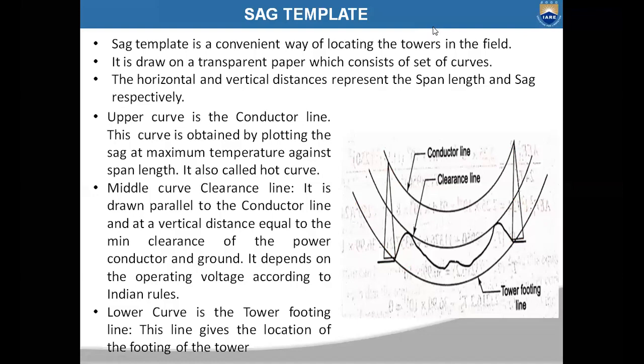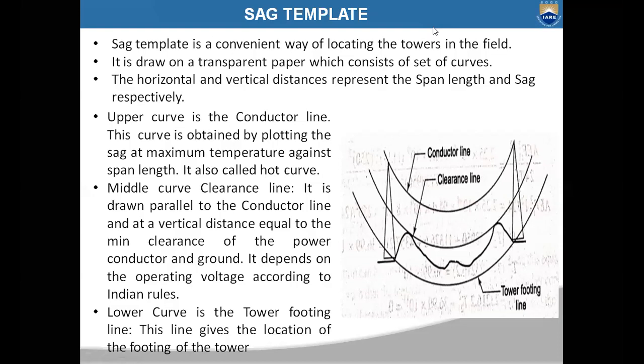First, the conductor line will be drawn against the span length and SAG at the maximum temperature. The clearance line will be exactly parallel to the conductor line, with a vertical distance equal to the minimum clearance. That minimum clearance depends upon the operating voltage, and that operating voltage will be decided by the Indian Electricity Rules.